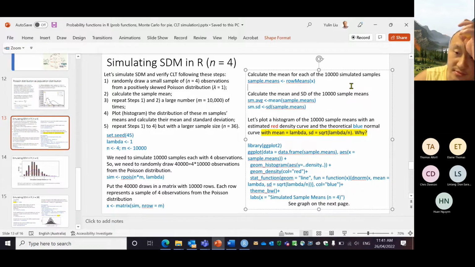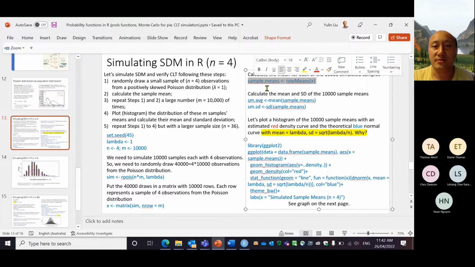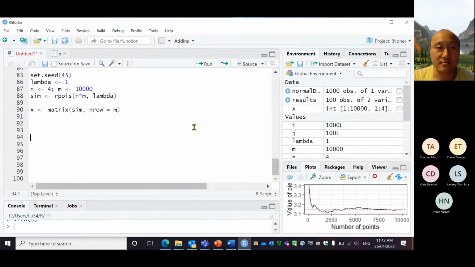And then what do we do? We need to calculate the sample means, right? Because we are interested in the sample means of the 10,000 samples. So we're going to use the rowMeans function of the matrix to calculate the means and then put them into an object called sample.means.